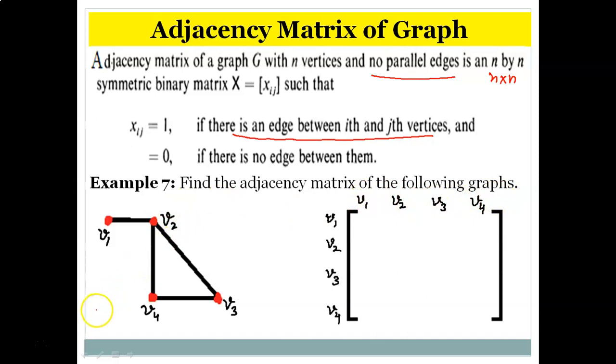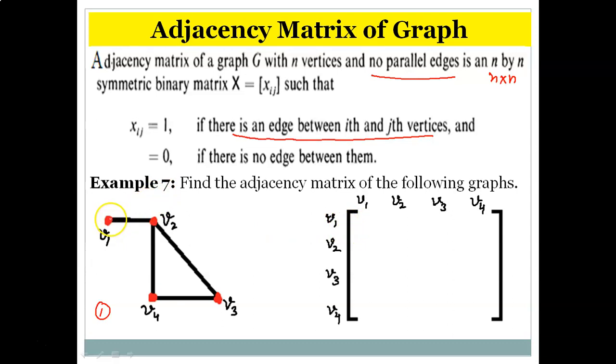I am considering the first graph over here and we are finding the adjacency matrix. How do you find it? First, you identify how many vertices there are: V1, V2, V3 and V4. 4 vertices are there. Then put a matrix like this, with the vertices V1, V2, V3, V4 for rows and similarly V1, V2, V3 and V4 for columns.